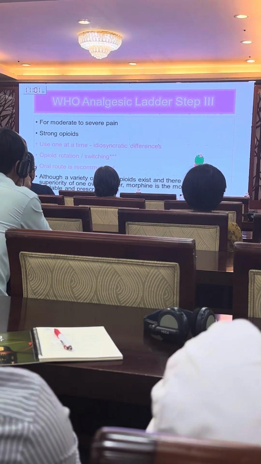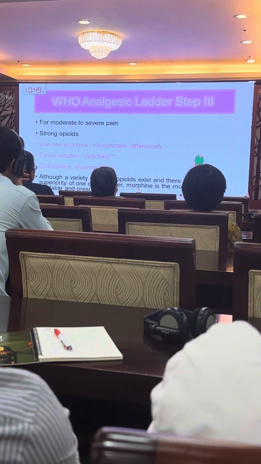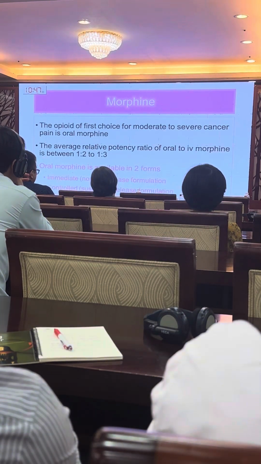Okay, although a variety of strong opioids exist, and there is no superiority of one opioid over another, morphine is the most widely available and prescribed throughout the world. The opioid of first choice for moderate to severe cancer pain is oral morphine.